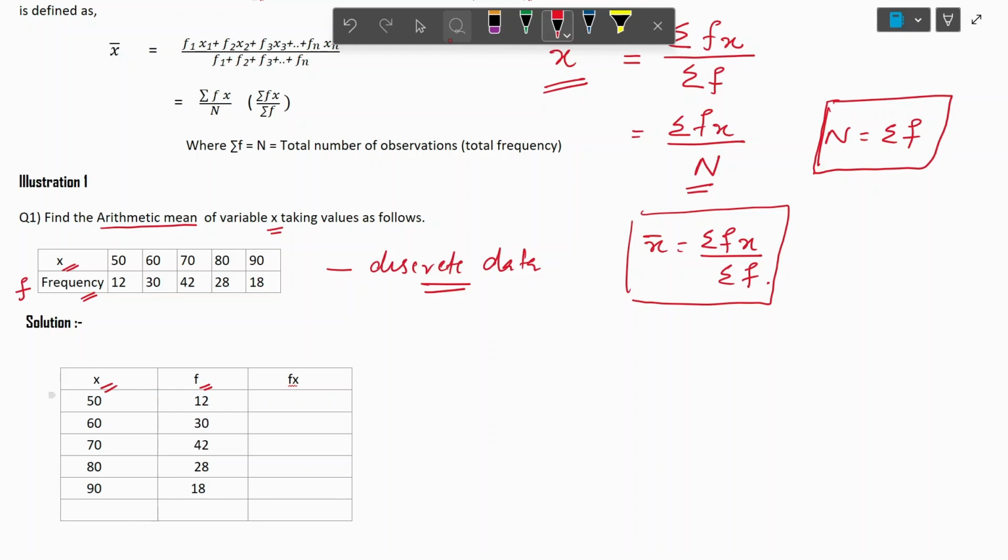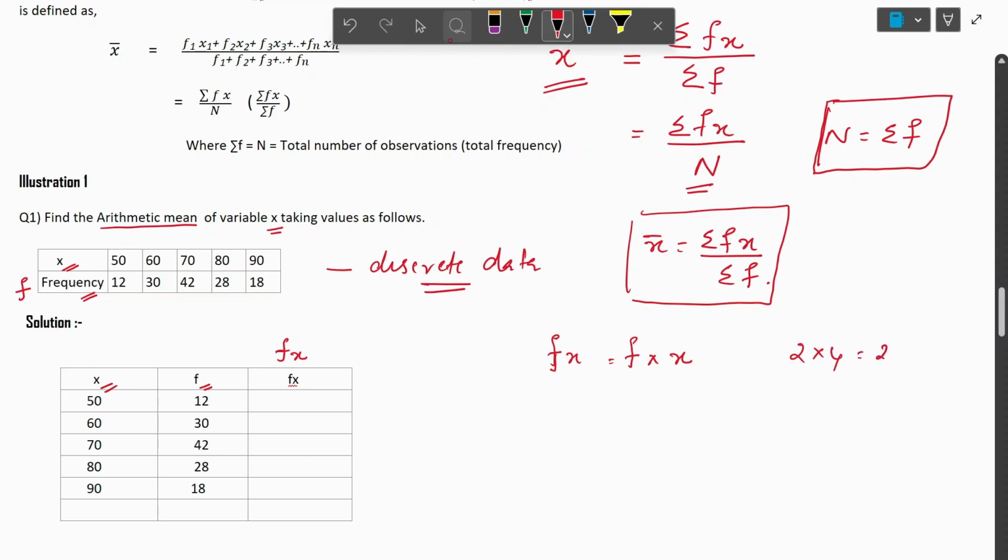Now, what is the third column? That is F into X. What is the meaning of Fx? Fx means you are multiplying F values with your X values. That means 2 into 4, you can write 2.4 also in maths. It is the same.